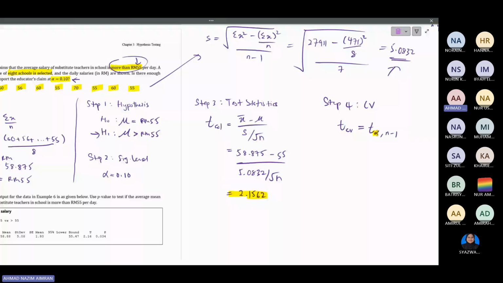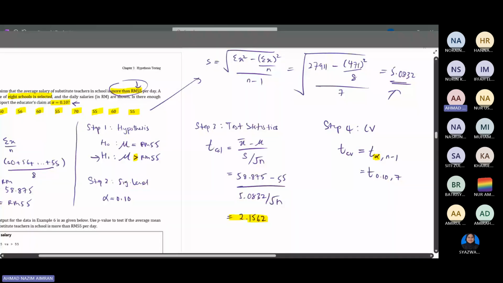Because we are testing a one tail test. We are testing the hypothesis at only one side of the distribution. So alpha is given by 0.1, and n minus 1 is equal to 7.